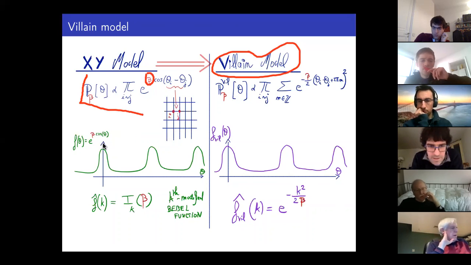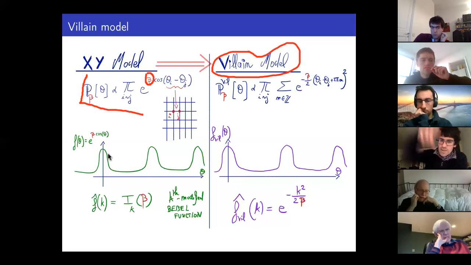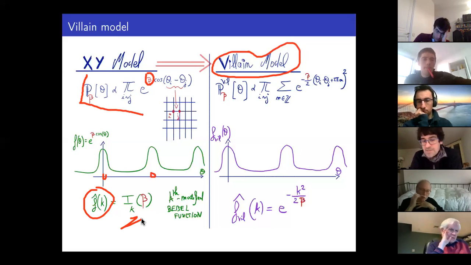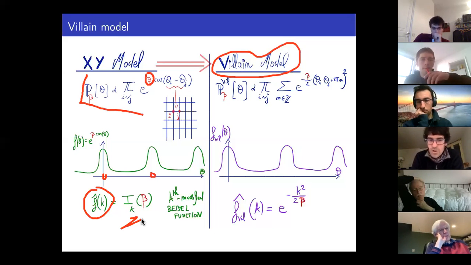So now let me draw the function exponential beta cosine of theta as a function of the angle theta. It looks like that. And when beta is huge, it's going to have huge peaks near 0, near 2 pi, and so on. It's 2 pi periodic, so you may look at its Fourier modes, and those are well known. There are the modified Bessel functions, but at least to me, they're not so pleasant. They're a bit complicated to work with.